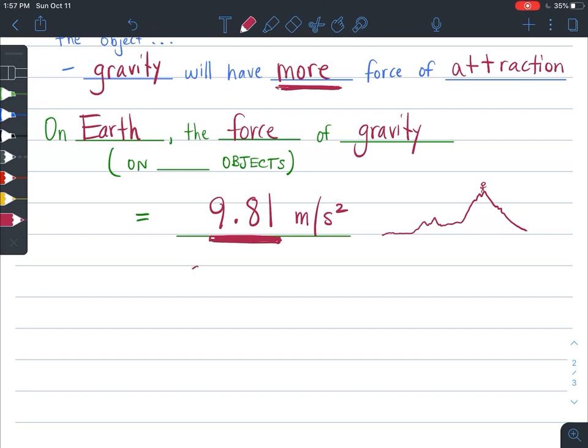So that means if you dropped two objects, like let's say we drop a baseball and we drop a bowling ball, both of these objects are going to fall to the Earth at a rate of 9.81 meters per second squared. Now, what we need to add here underneath this portion where we say on Earth, the force of gravity, we're going to say on all objects because it doesn't affect different objects differently.